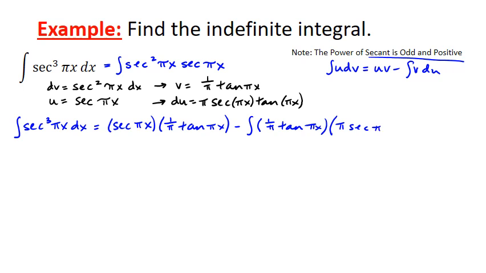Sorry about that. Secant of pi x, tangent of pi x. Sometimes it's nice to put the argument in parentheses. All right, so now we just have some simplifying that we need to do. So in this case, I'm just going to move this 1 over pi out.